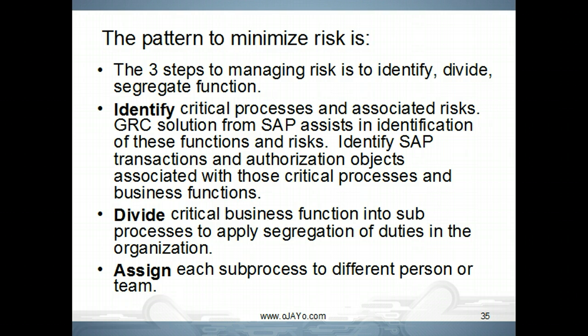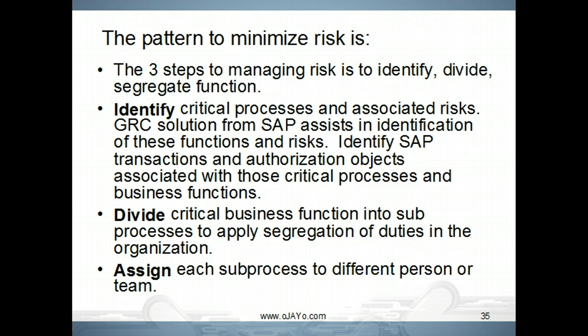Second is you have to divide the functions in such a way, or segregate the functions in such a way, so that the risk either gets eliminated or it gets mitigated. So there is identification of risks. Second is division of critical functions.